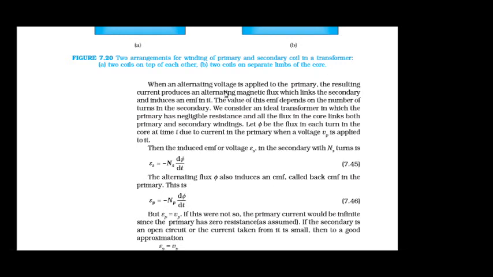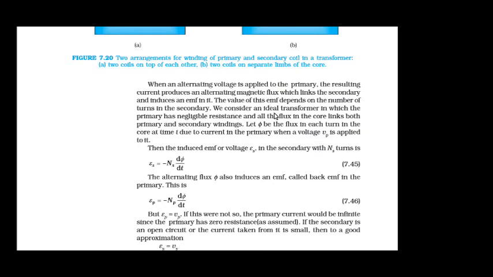When an alternating voltage is applied to the primary, the resulting current produces an alternating magnetic flux which links to the secondary and induces an EMF in it. The value of EMF depends on the number of turns in the secondary coil.